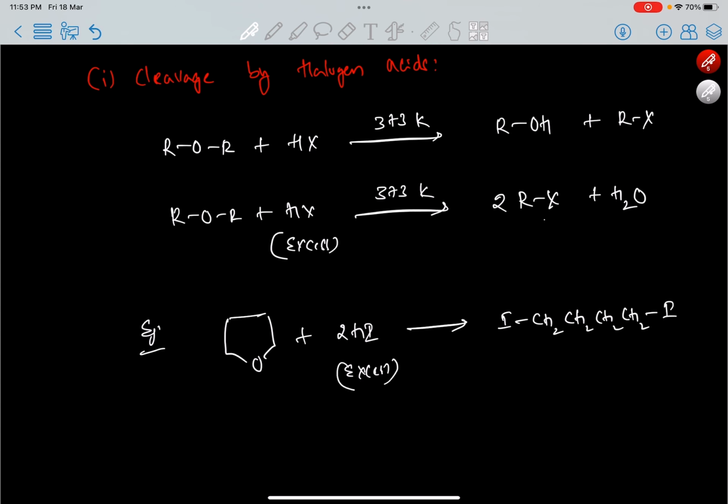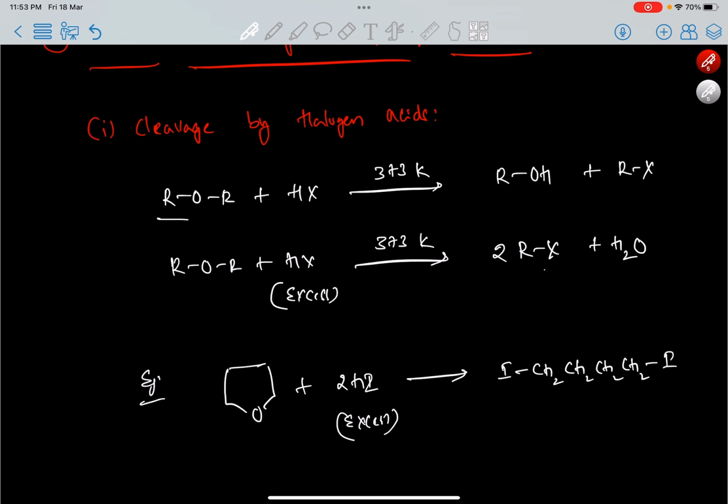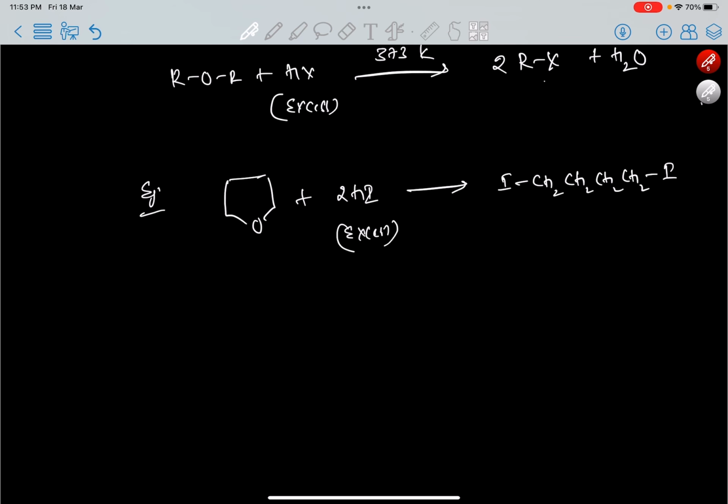Now, when we have symmetrical ethers, it doesn't matter which forms alcohol and which forms alkyl halide. But what if we have unsymmetrical ethers?